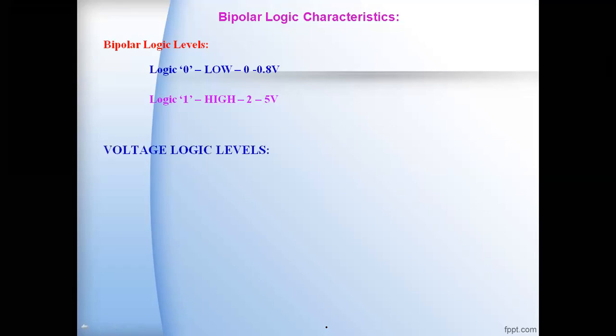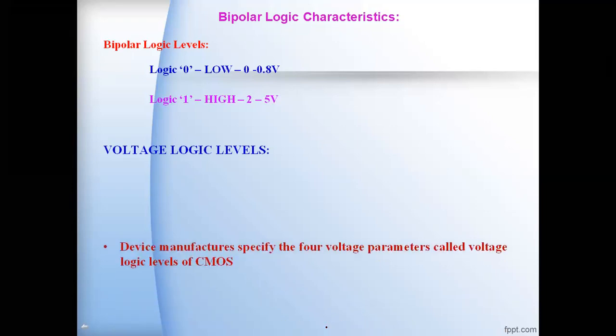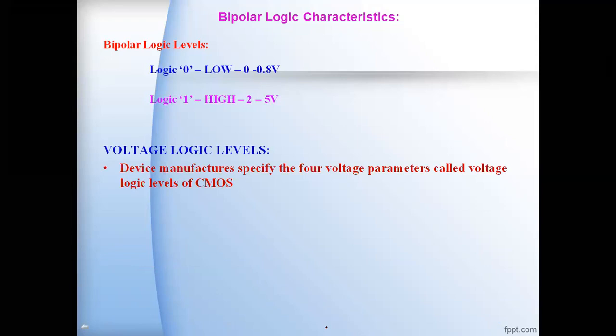And the next one is the voltage logic levels. To define logic 0 and logic 1 more precisely at the input and output of the gate, we require the voltage logic levels. Usually the device manufacturers specify these voltage parameters. The voltage logic levels are VIH.